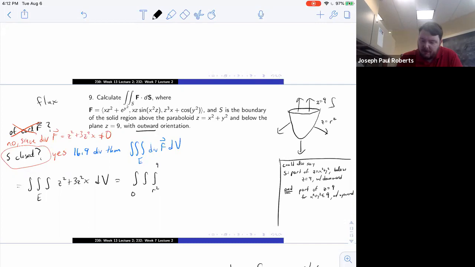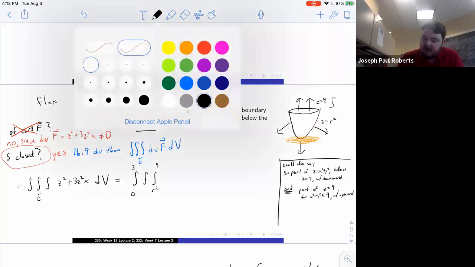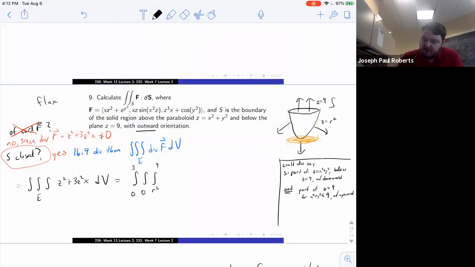My r bounds are going to go 0 to 3. When you go through and find the shadow of this, when x squared plus y squared equals 9, that's a disk of radius 3. So r goes from 0 to 3, theta goes 0 to 2 pi. I have z squared plus 3z squared r cosine theta, all times r dz d theta dr.